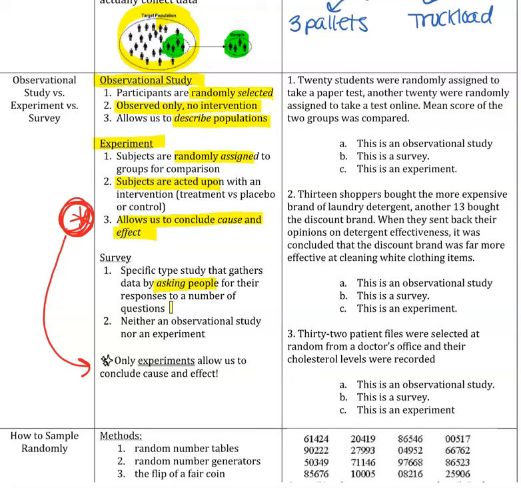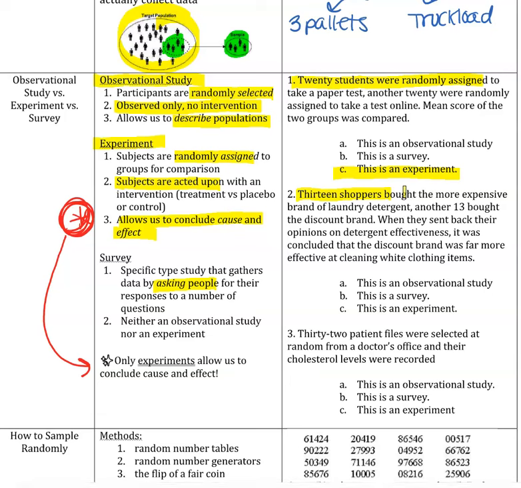So first guy, you got 20 students that were randomly assigned to take a paper test. Another 20 were randomly assigned to take an online test. Mean score of the two groups were compared. As soon as I see random assignment into two groups with a treatment, I'm thinking that's an experiment. 13 shoppers bought the more expensive brand of laundry detergent. Another 13 bought the discount brand.